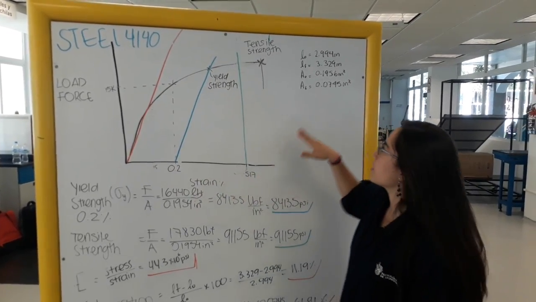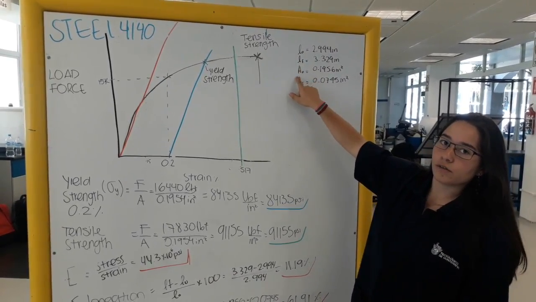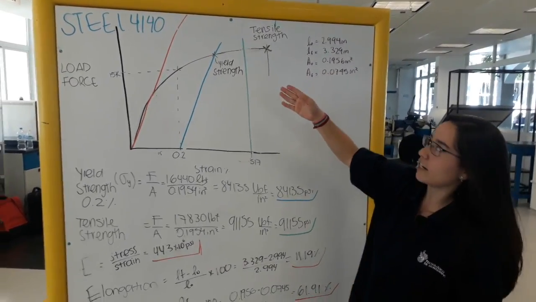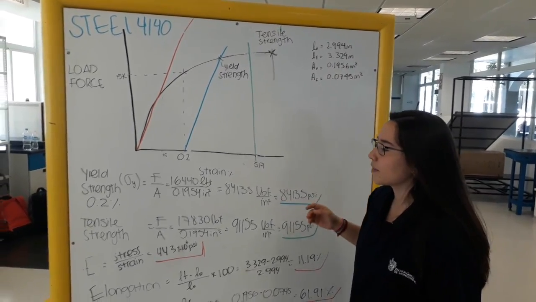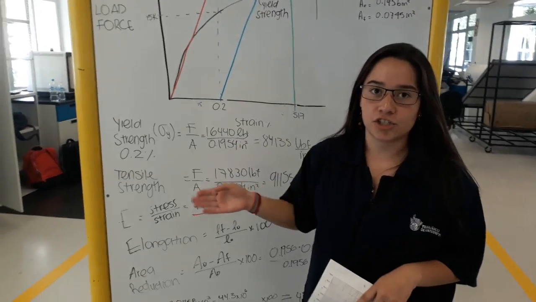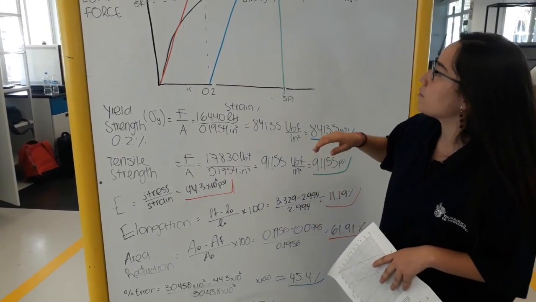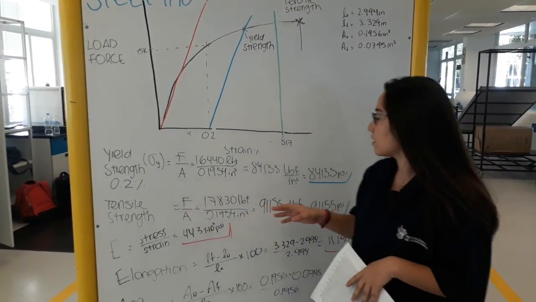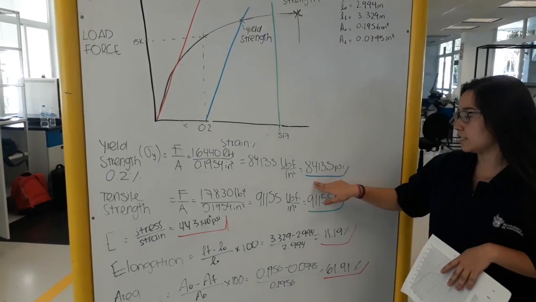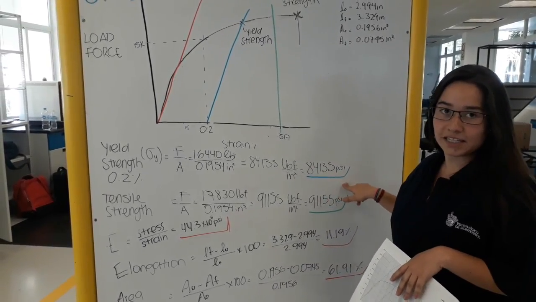4140. We got the initial data for length and also the area, and then we got the final data, and these are what we got. First we calculated the yield strength. We use the force divided by the area, and the force is at the point where it passes to the plastic zone, and we got 84,135 psi.